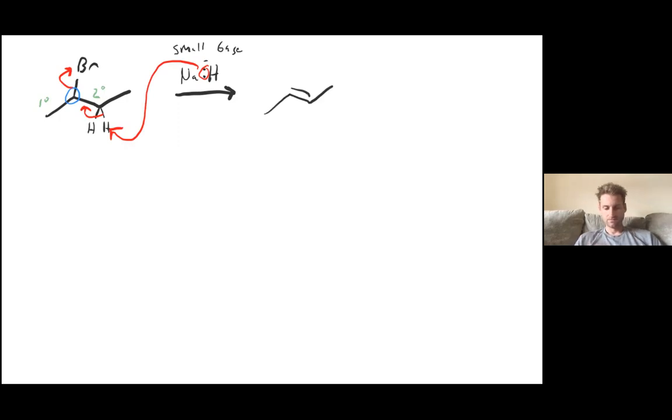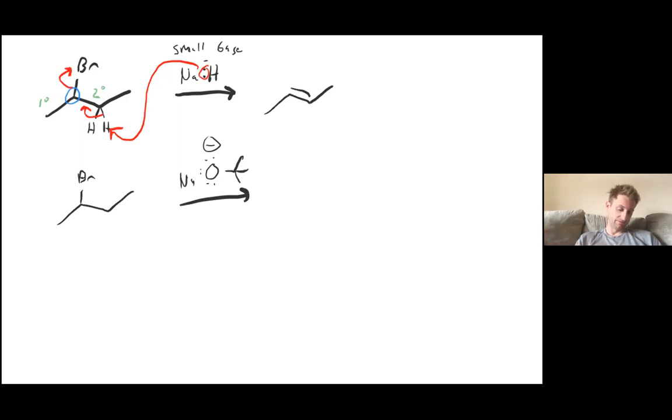like so. Alternatively, if we use a large base, like this tert-butoxide here, this is so much larger that it's not going to be able to get into that secondary position.